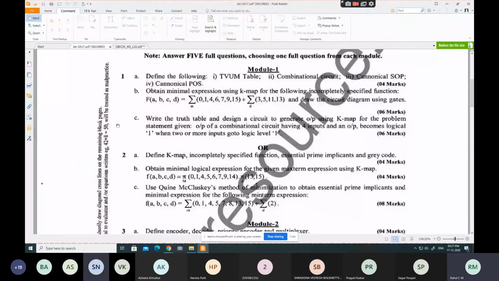Let us solve. 0 0 1 0, what is the output? 1. 1. 1. 1 0 0 1, 1 1 0 0, 1 1 1 1.